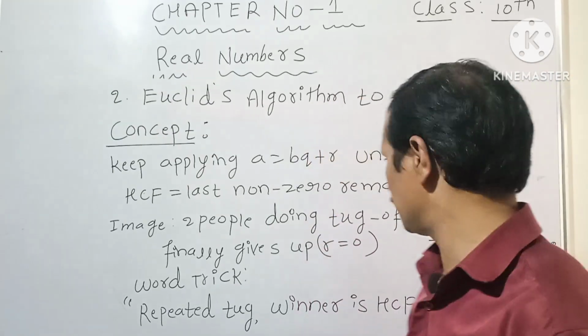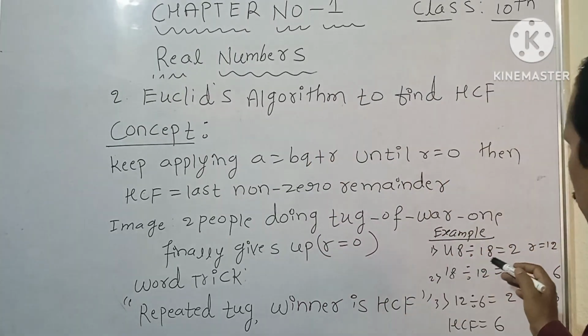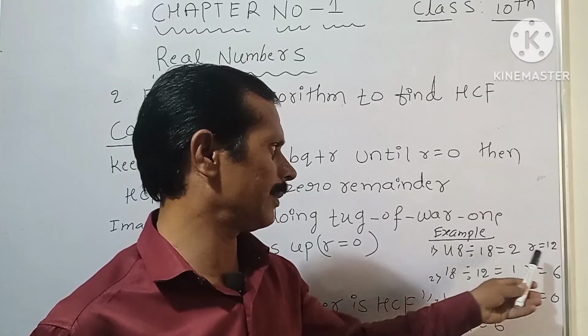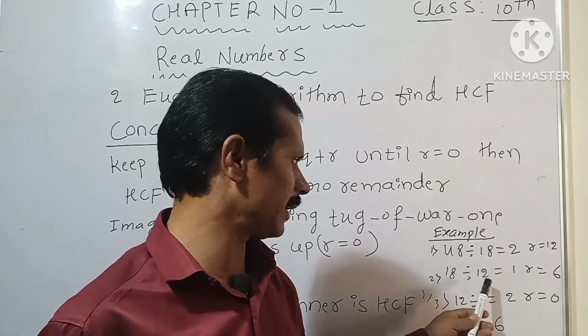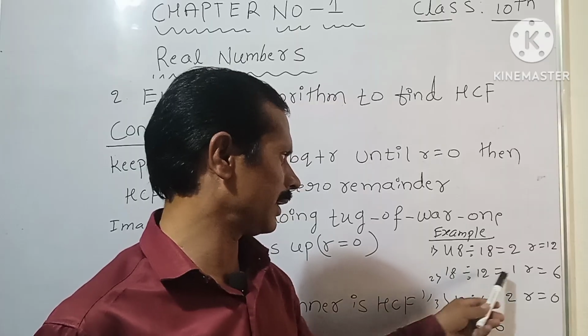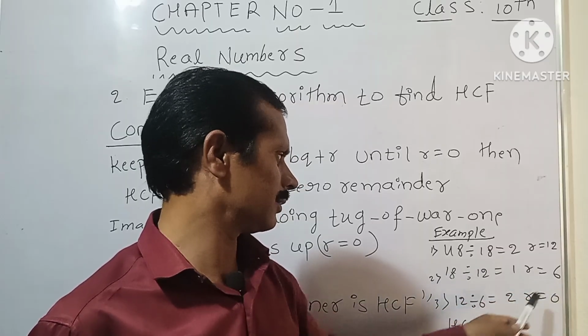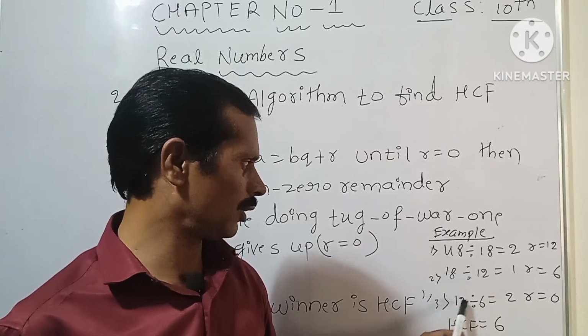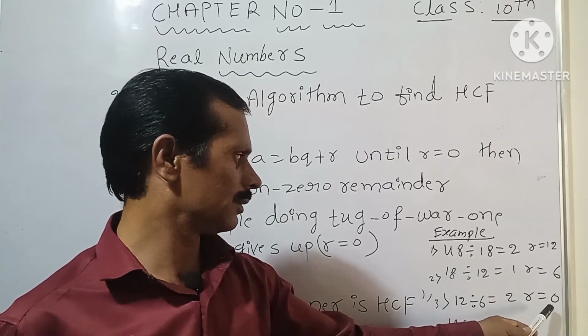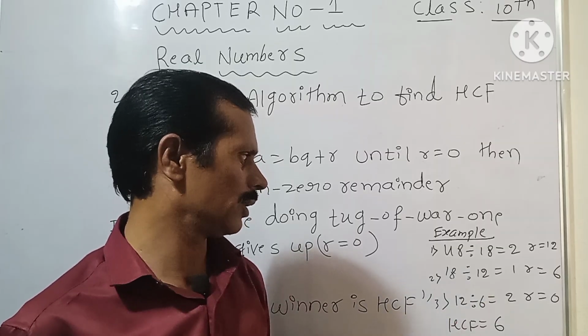See, one example here. The remainder is 12. Then again divide: 18 divided by 12, remainder is 6. Then again take 12 divided by 6, remainder is 0.